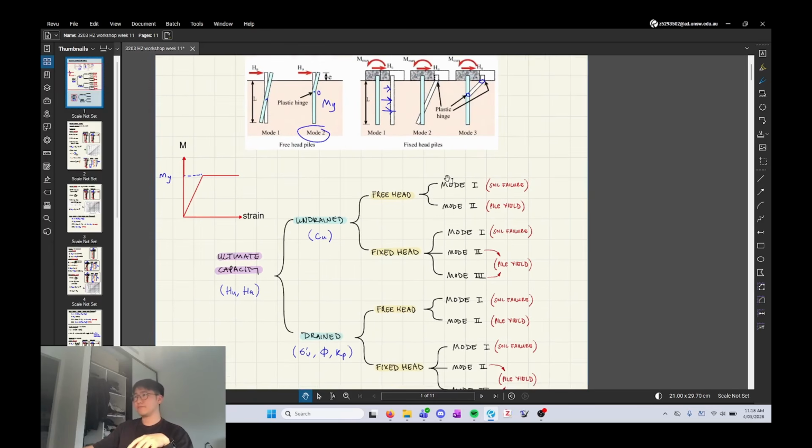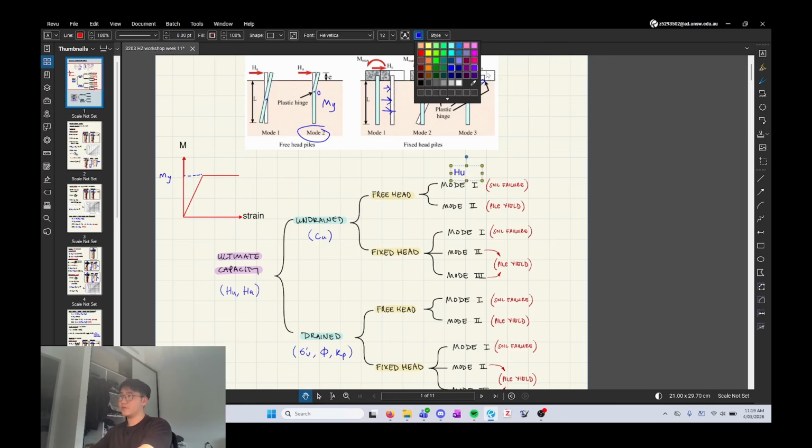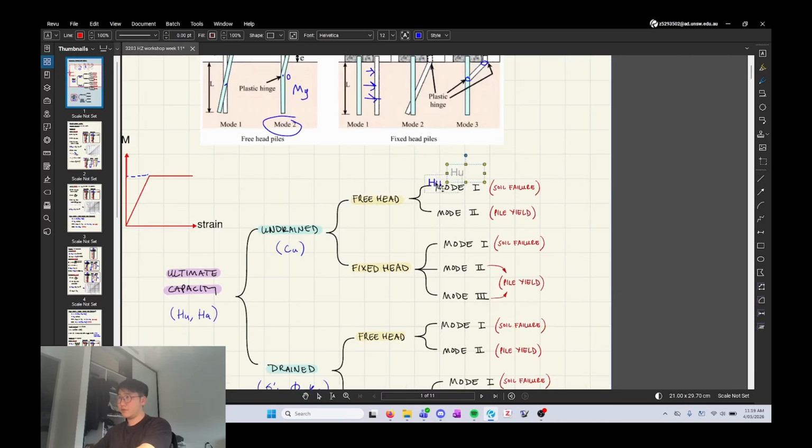And the idea is that you'll find some kind of HU, right? So HU would be the maximum horizontal force that can be applied, right, in the ultimate condition for mode 1, right? And you'll find HU for all of these modes, right? So depending on whether you're looking at the free head case or the fixed head case.